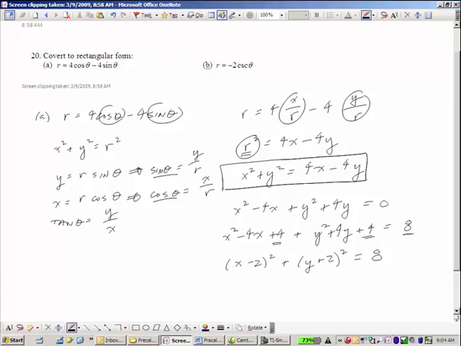So we did a lot of clever things algebraically before we even finished the problem. Then we had to complete the square to get something that looked like something we recognized. It's a circle. So this one involved a lot of cleverness. Way to be clever early on a Monday morning. Nice work.